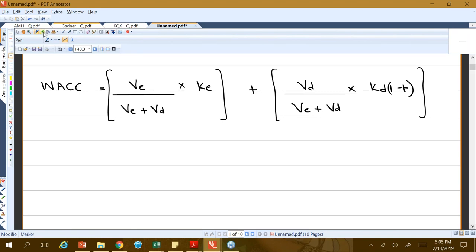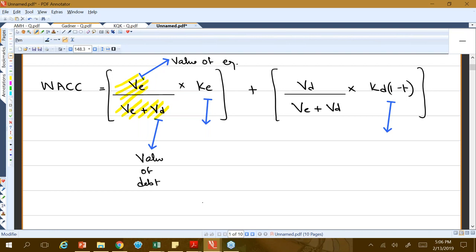Now, if I take the value of equity of a business and divide it by the value of equity and the debt, this is the value of equity, and this is the value of debt. So if I take the value of equity and divide it by the value of equity and debt, what I'll get here is the proportion of equity within my capital structure.